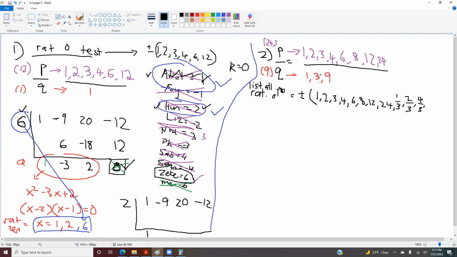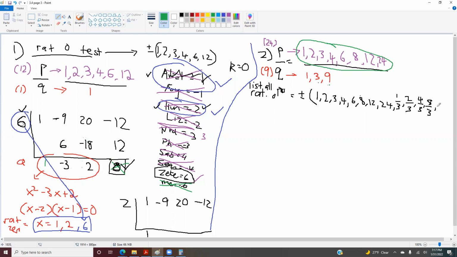Do we have 6/3? Yes, because it's just 2. So the next one is 8/3. 12/3 is the same thing as what? 4, right? And 24/3 is the same thing as 8. So this is all over 3. Now you need to take all these numbers and divide by what?